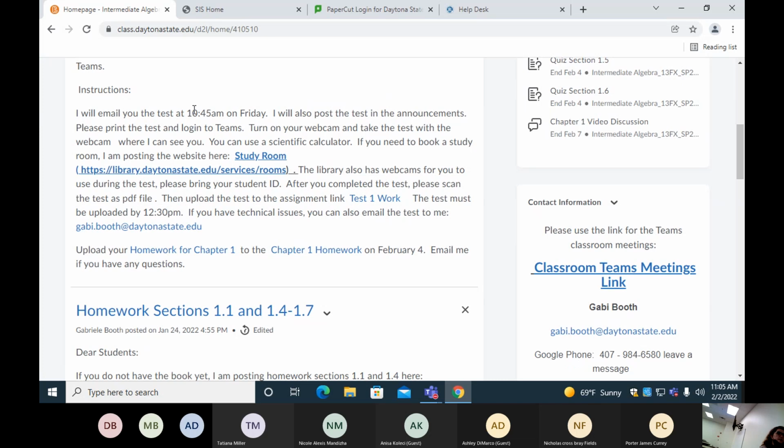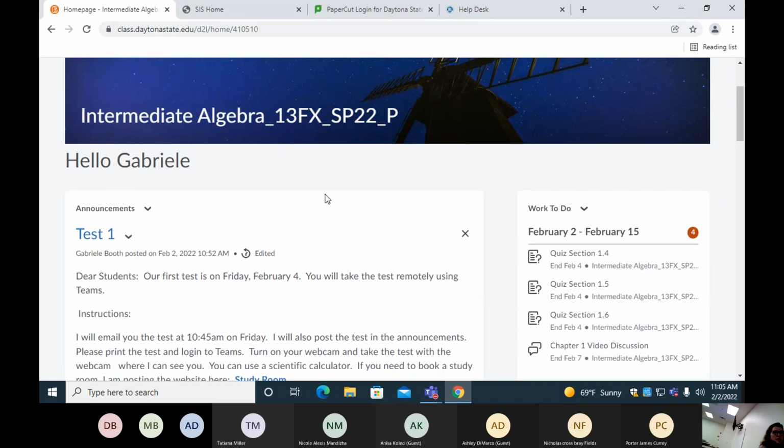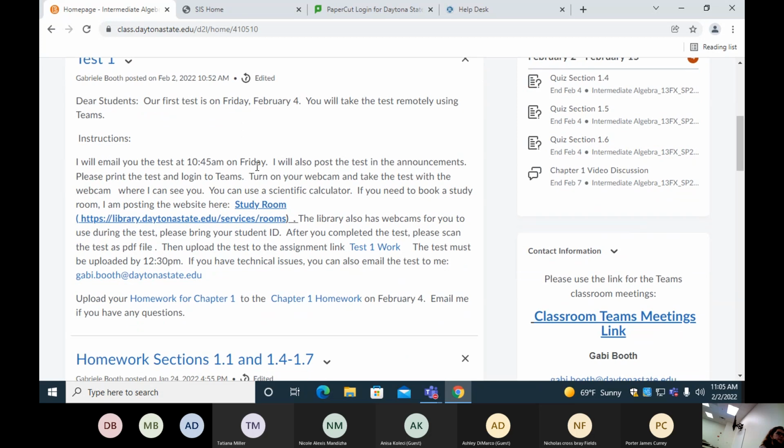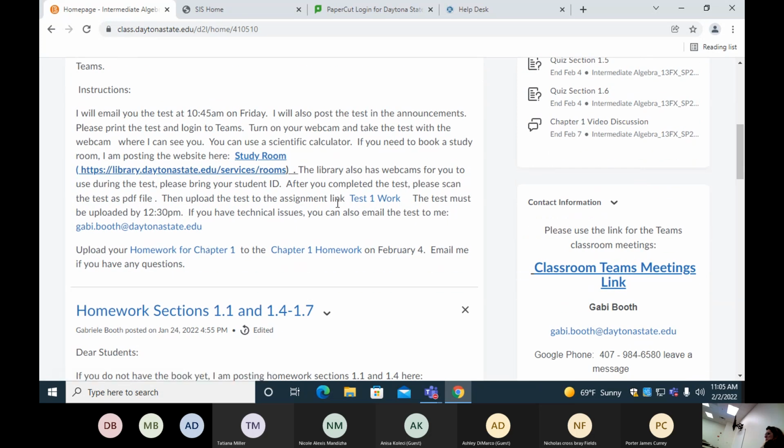What I will do is at 10:45 a.m. on Friday, our class starts at 11, I will email you test 1. So check your email, but I usually always post it in the announcement section as well. So there are 2 places where you can get to your test 1, and then you print out the test, or if you don't have a printer, just copy down the problems on paper and work them out on paper.